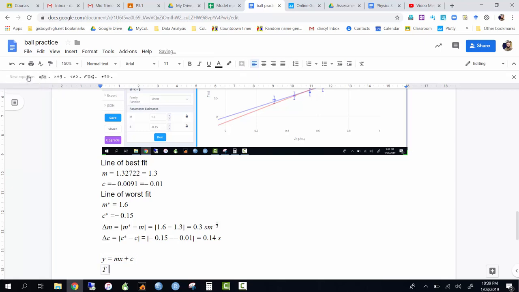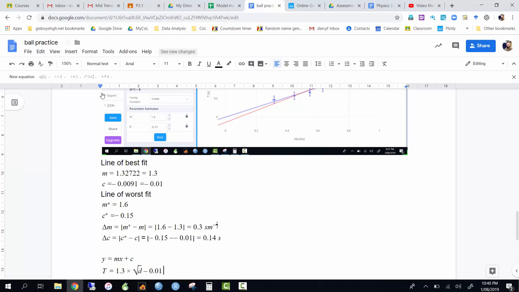On my y-axis is t, my gradient, my m value, is 1.3, my x-axis is the square root of d, and then take away 0.01. Now that's the level 2 version.